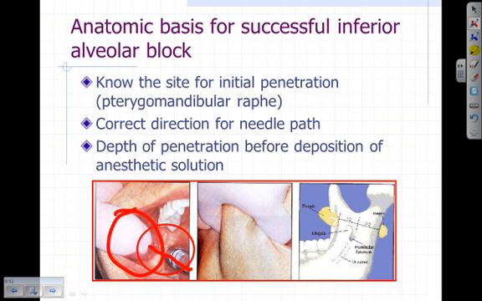And I talked to you about being on the notch of the ramus. If you look to the right hand side, you can see where the thumb is positioned and stable. Now, if you're having a hard time because you're right-handed and you're working on the right-hand side, then you can use your pointing finger. But you want to palpate that notch of the ramus.